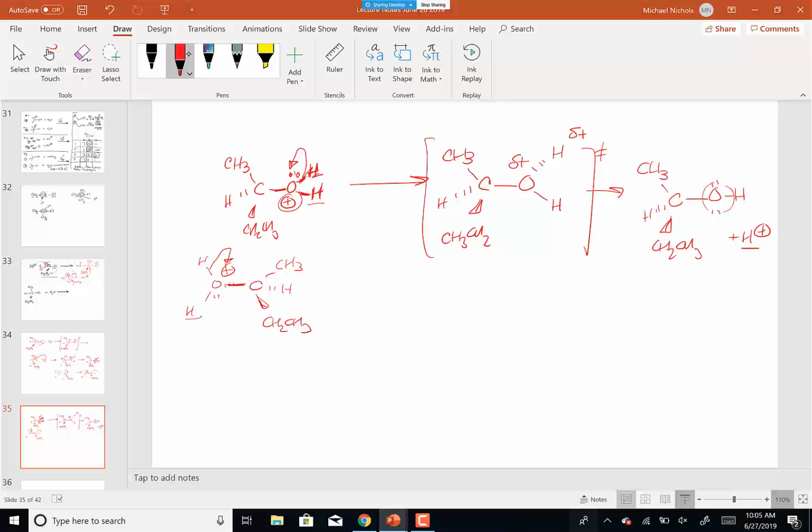But remember, the resonance hybrid is also telling us what is going on. So what's going on? I'm breaking the OH bond. What does it need in the transition state? A dotted line. The positive charge is going from the oxygen to the hydrogen. So each one of those gets a delta positive in the transition state.